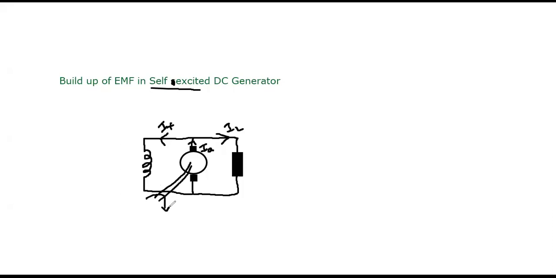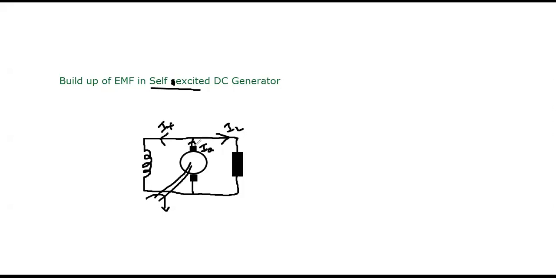When it is rotated, then only the IA current will be produced. After producing this IA current, it is fed to the field winding and then to the load.